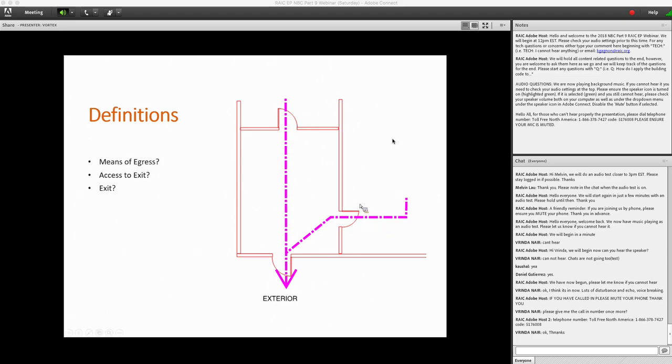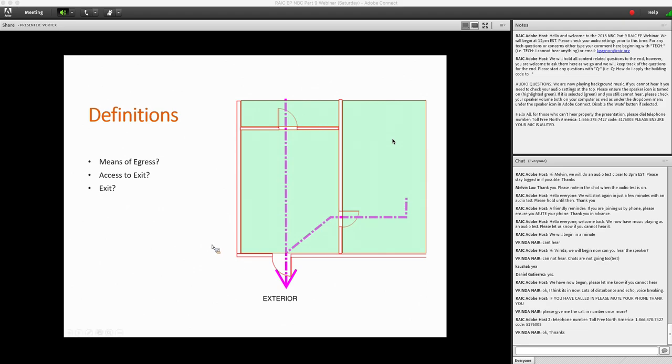If you look at this small sketch that I have on the side here, this is your access to exit, which is essentially the clear path of travel in this floor area, and your exit is the part of the means of egress that enables you to get out of the building in the event of a fire.